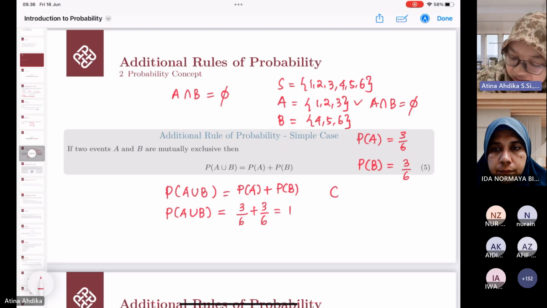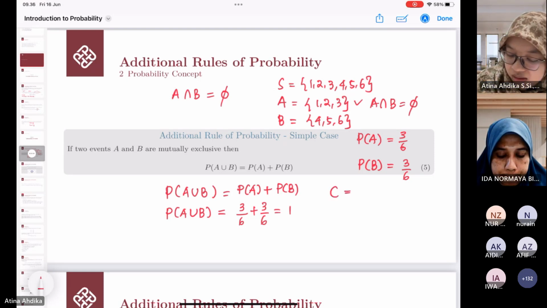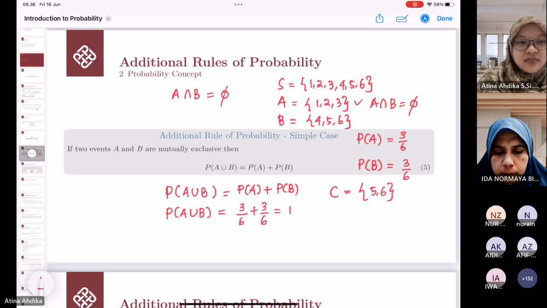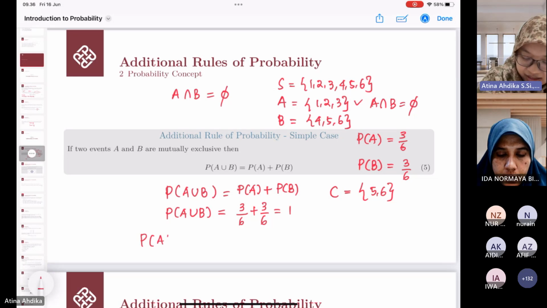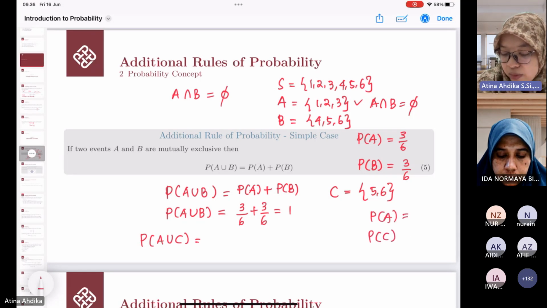I will give you another example. I have C here. C consists of 5 and 6. So what is the probability of the union between A and C? We have to calculate the probability of A and the probability of C. For the probability of A, we have 3/6.